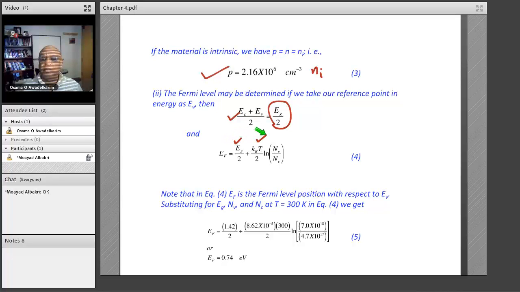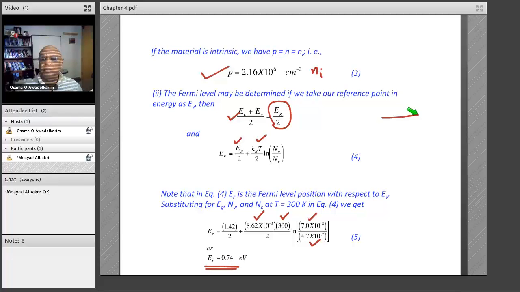I substitute kB in electron volts per Kelvin, 300 Kelvin for temperature, and this is my NV for gallium arsenide per cubic centimeter. This is my NC. If I do all this, I get EF equals 0.74.